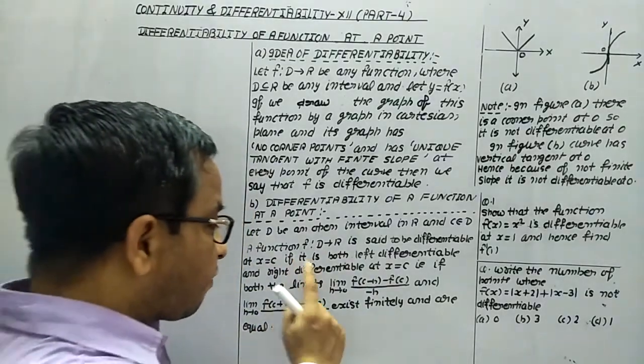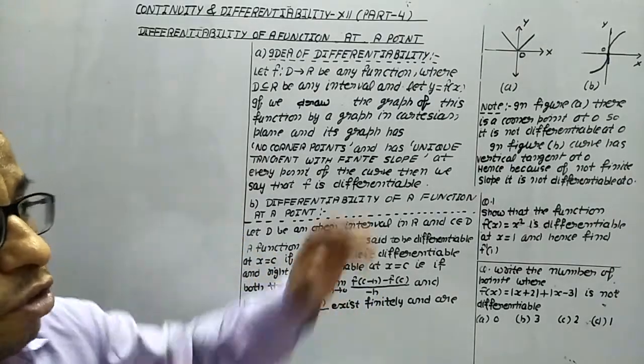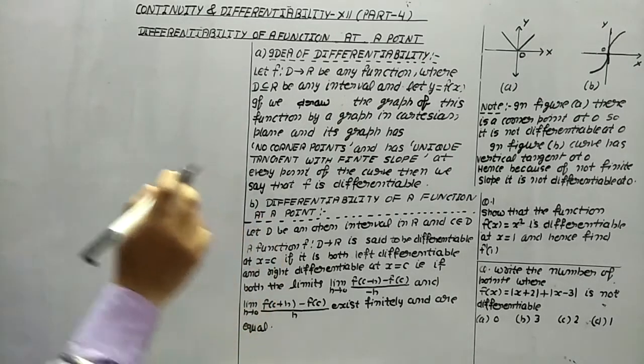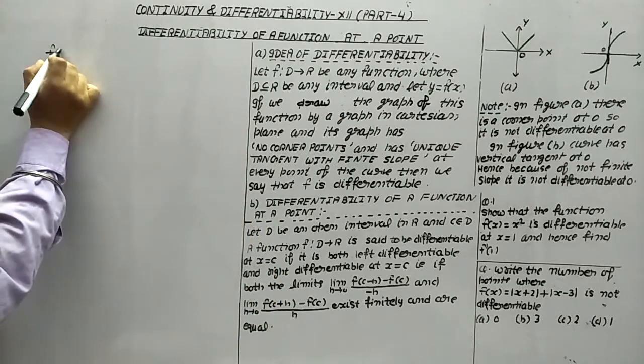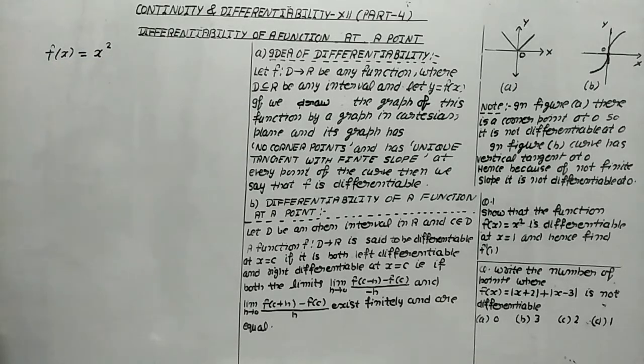It is known as the left hand derivative and the right hand derivative. So let's start with one question. We have to prove that the function f(x) equals x square is differentiable at x equals 1 and hence find f dash 1.